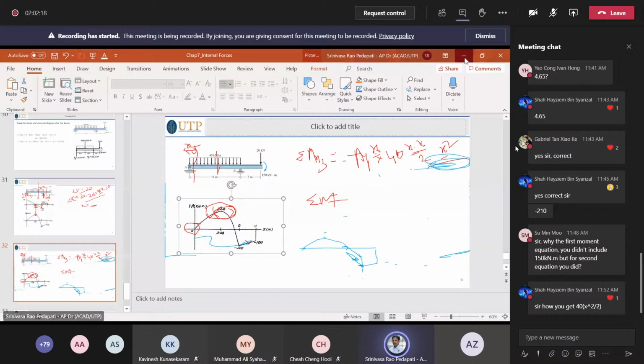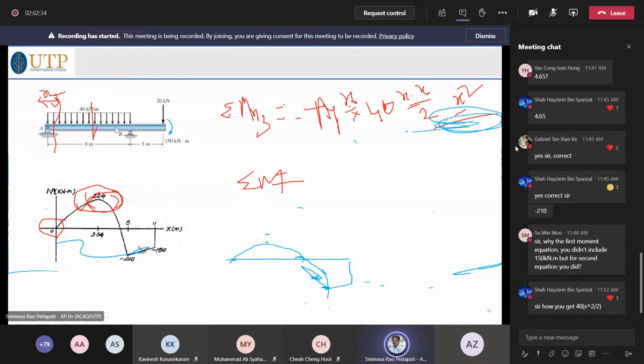How do you get 40 into x? Yes, Mr. Shah, 40 into x by 2 is... are you able to see the screen now? Okay.